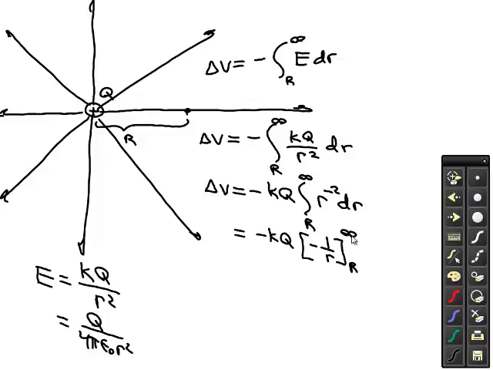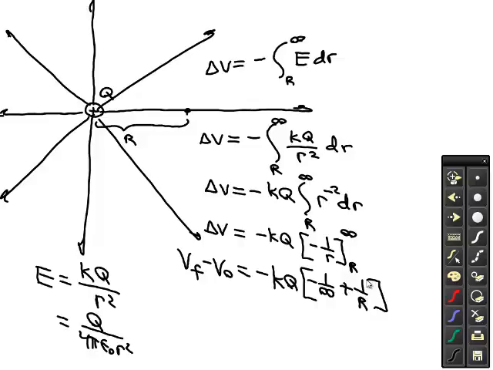So delta V is V final minus V initial. This is negative KQ times negative 1 over infinity minus negative 1 over R. Now, if my final position is infinity, then we're going to define that to be 0.